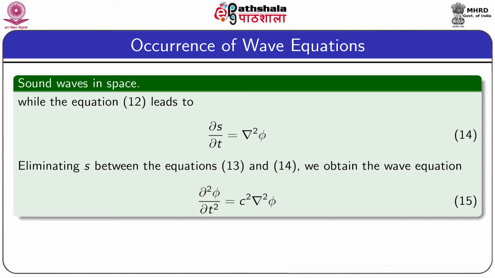Now, eliminating S between equations 13 and 14, we obtain the wave equation, which is written in equation 15: ∂²φ/∂t² equals C² grad square phi. Thus, for sound waves in space, we again get the three-dimensional wave equation.